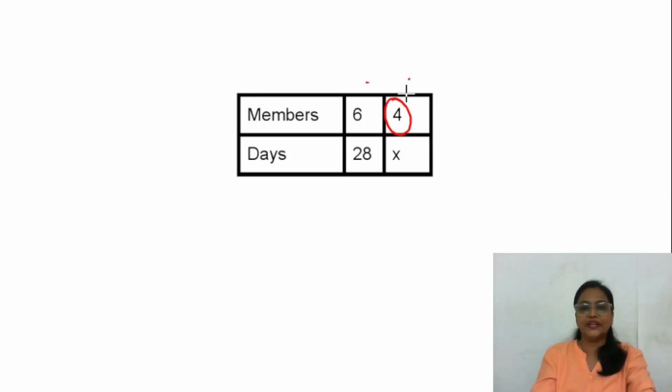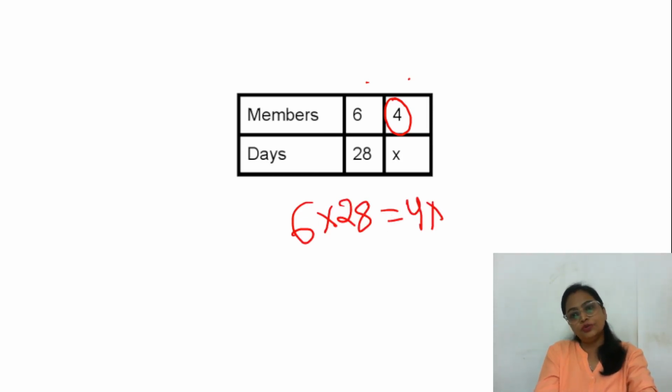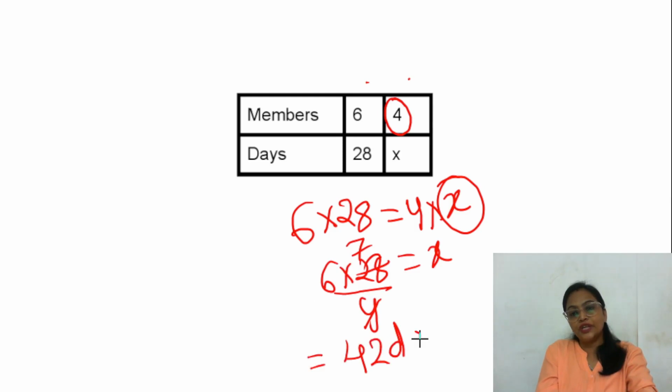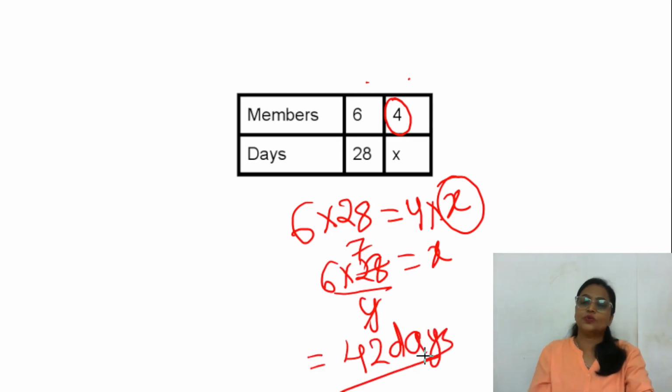So it is an inverse variation case, that is, this multiplication should be equal to this. To find x, 7 sixes are 42. So the rice will last 42 days.